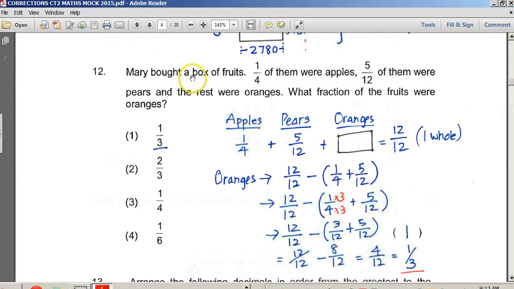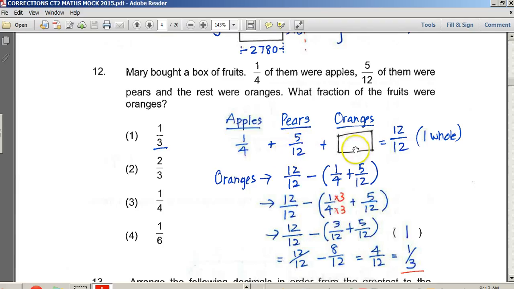Mary bought a box of fruits. 1/4 of them were apples, 5/12 of them were pears, and the rest were oranges. What fraction of the fruits were oranges? Now take a look. You may organize your work this way. Apples is 1/4, pears 5/12.